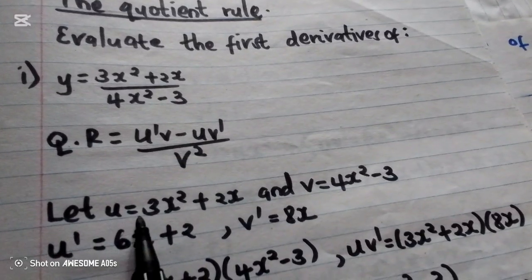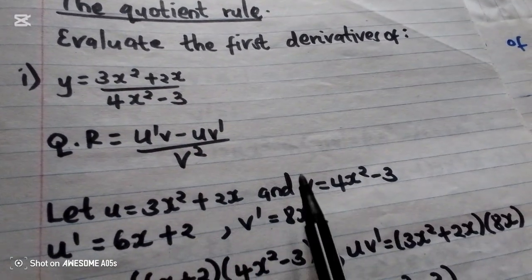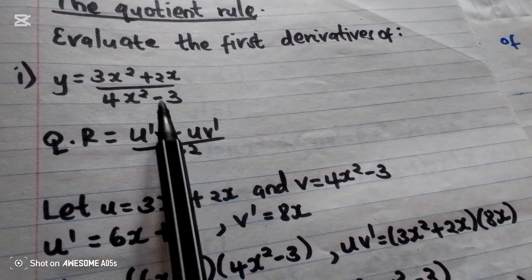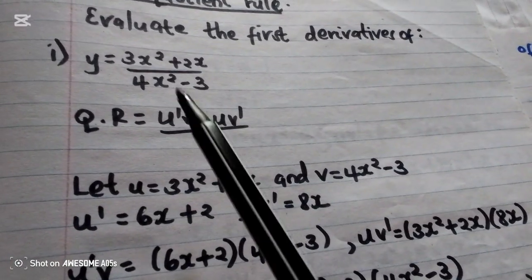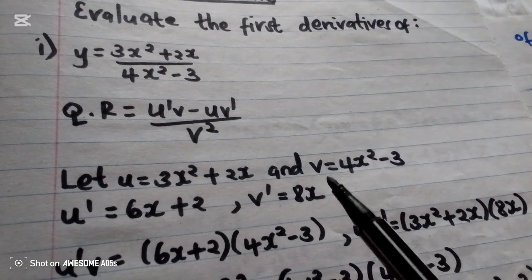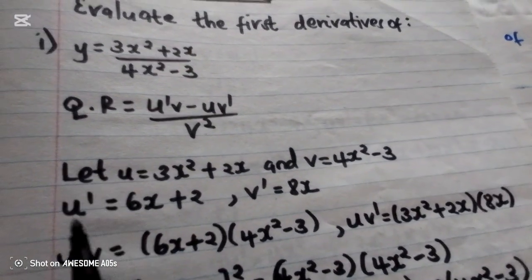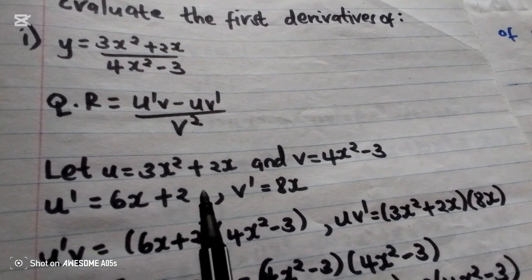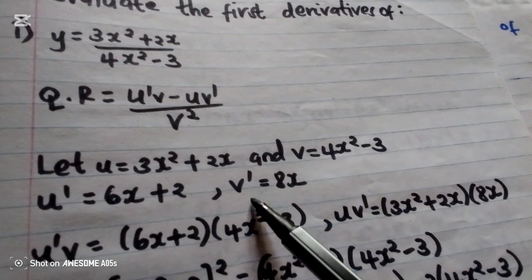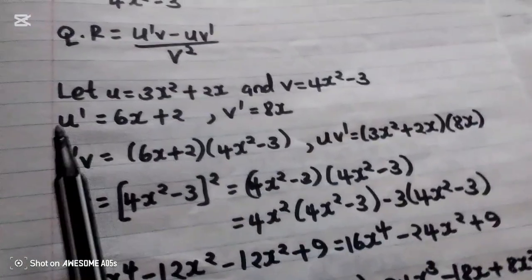So we will let our u be 3x squared plus 2x and our v will be 4x squared minus 3. Since u and v are both functions of x, we'll differentiate u with respect to x, which is 6x plus 2. Differentiating v with respect to x, you will get 8x.